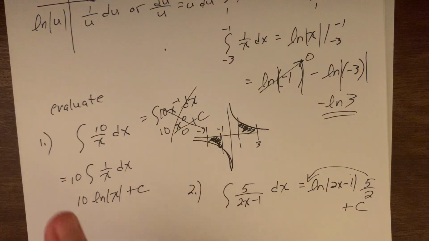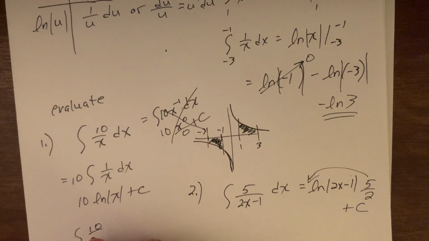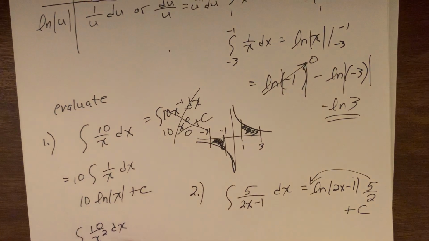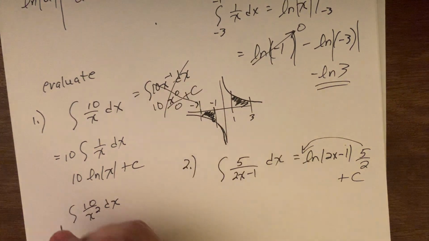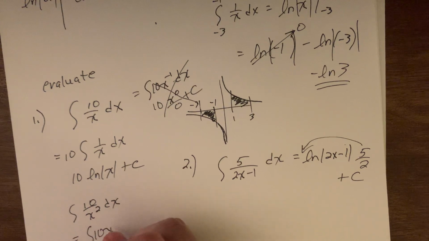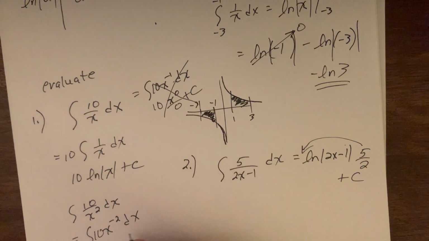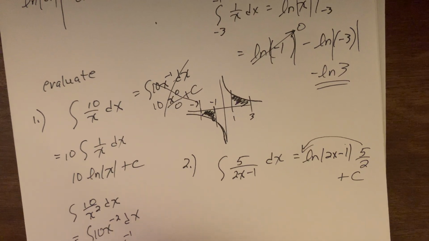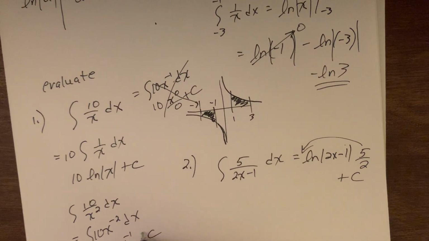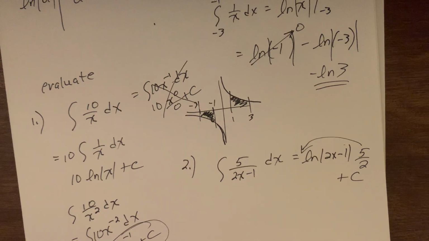Because a quick alternative, if this was the integral 10 over x squared, there is no logarithm in this problem. This does need this technique. This would become 10x to the -2 as a rewrite, and then that would use power rule. Add 1 to the exponent, divide by that new exponent, and that would be your answer.